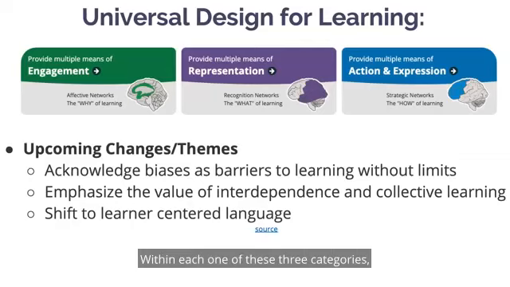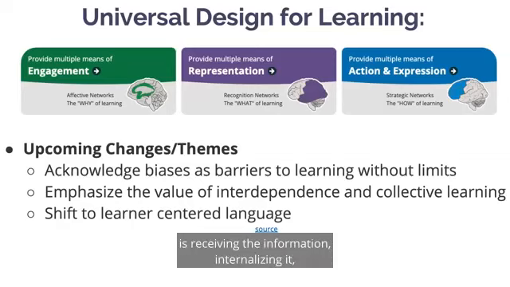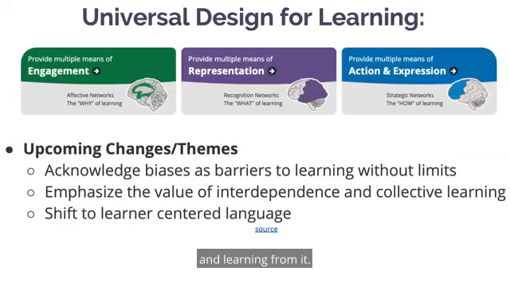Within each one of these 3 categories, there are subcategories of access, build, and internalize. So to me, this is how the student is receiving the information, internalizing it, and learning from it.